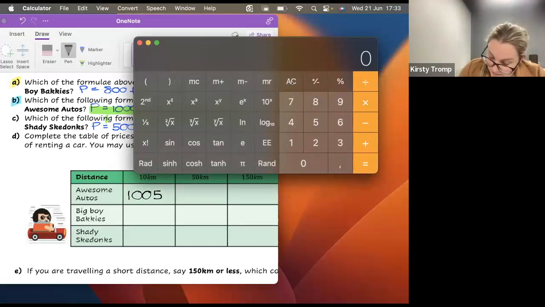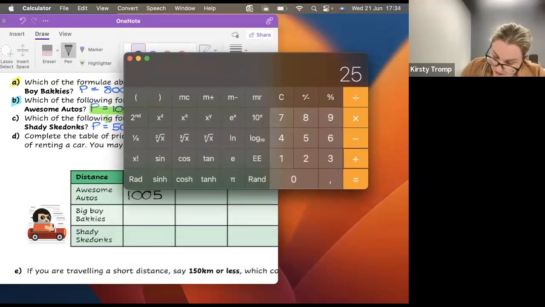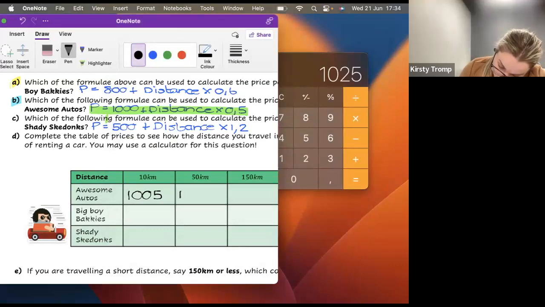For my next one, I'm going to say 50 because it gave me 50 kilometers times by 0.5 plus 1,000, and that gives me 1,025.